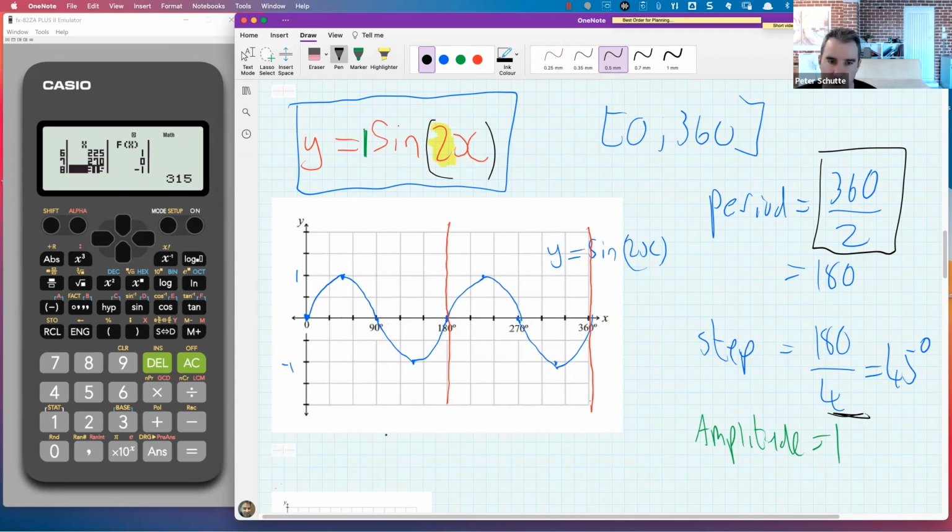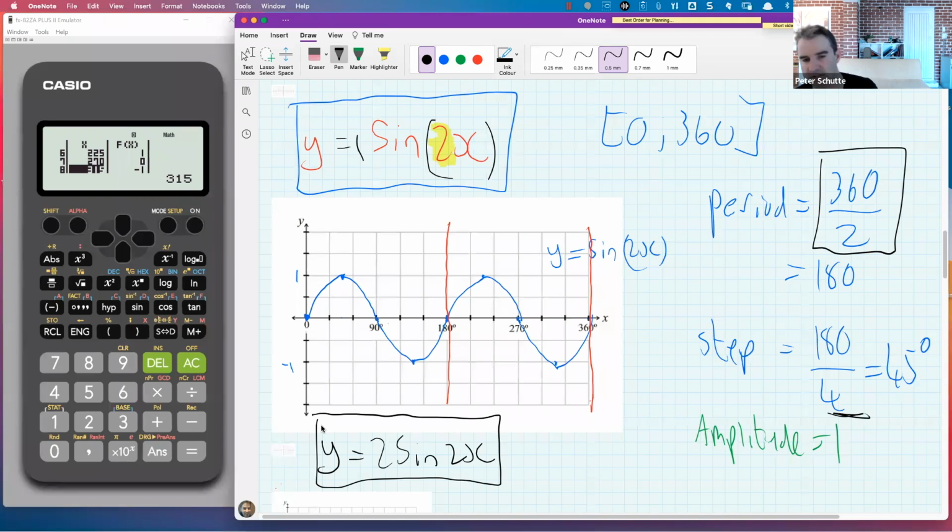Okay, now I want to change something now. I want to change the number in front from a 1. So I'm changing this. Well, let me record again here. I'm going to say, draw me the graph of that trig graph. So 2 sine 2x. I'm going to draw it on the same set of axes. And I just want to know, draw me the graph of 2 sine 2x.